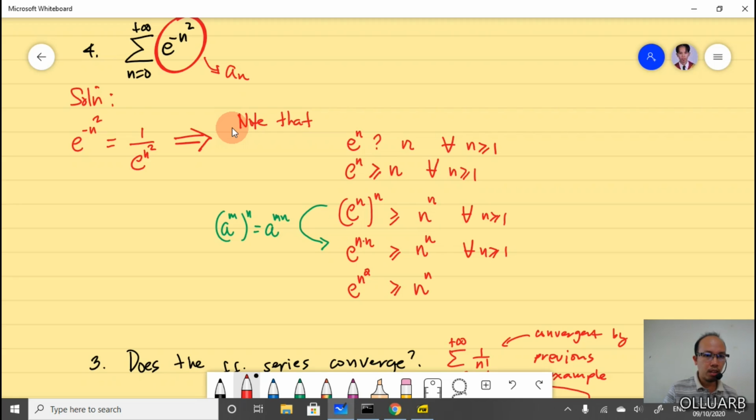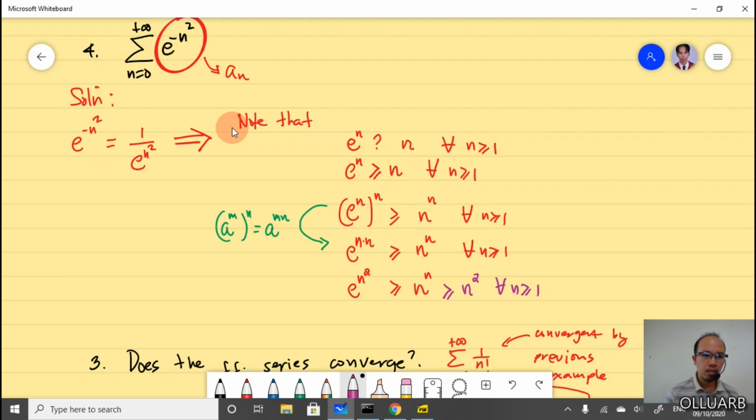You can show that this term here, and also here, is greater than n squared for all n greater than or equal to 1.